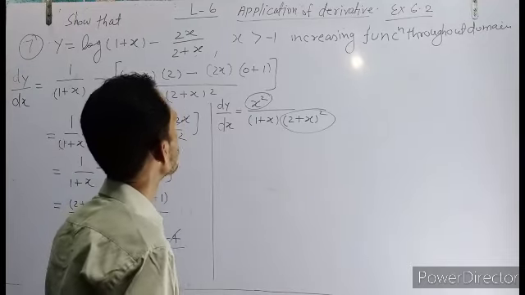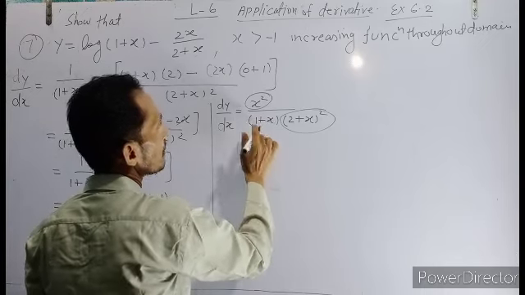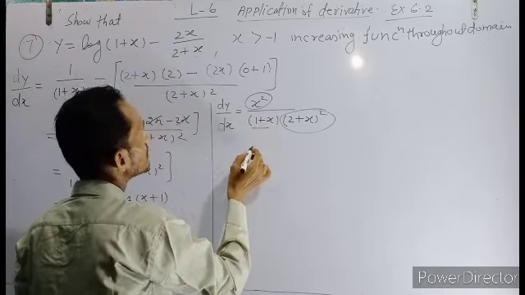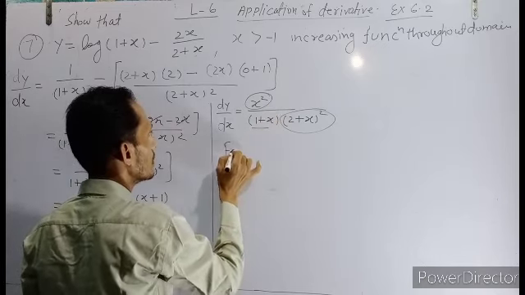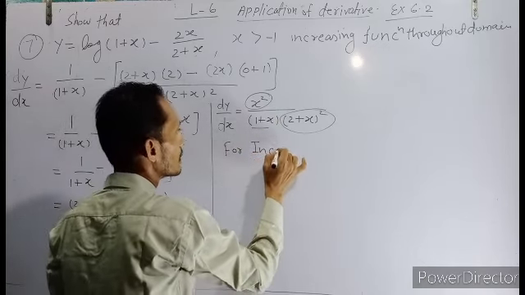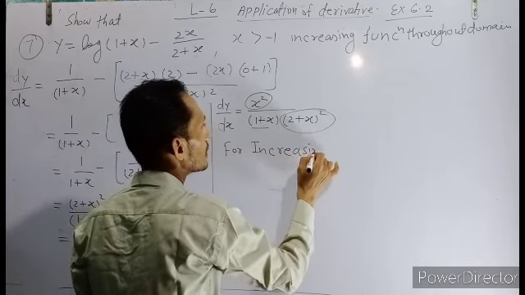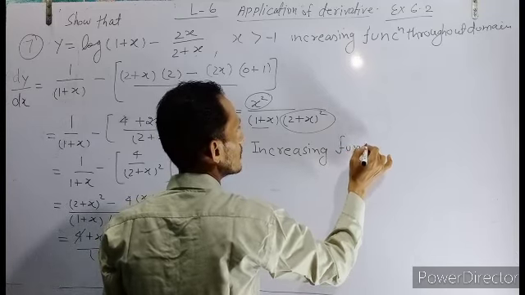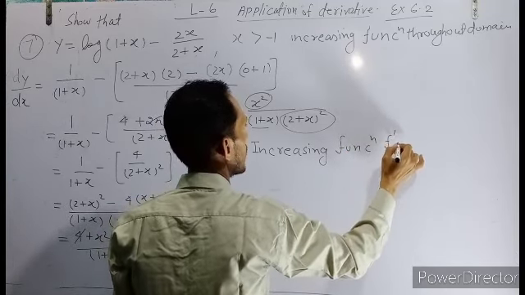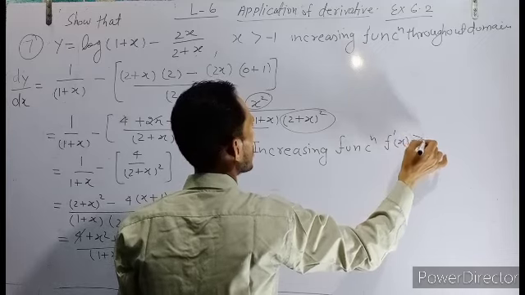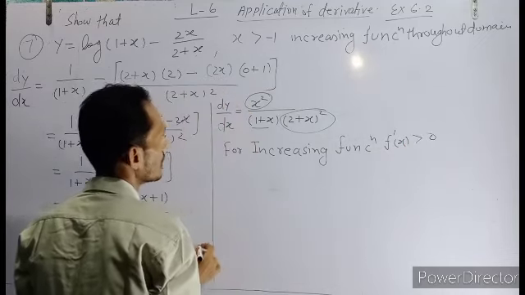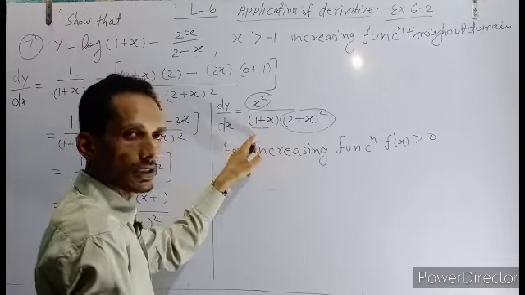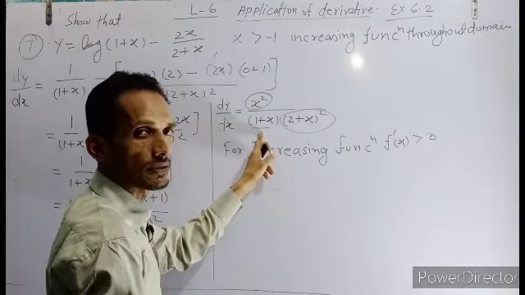So the sign depends only on one term. For an increasing function, f dash x should be greater than 0. Increasing and decreasing depends only on the term 1 plus x.